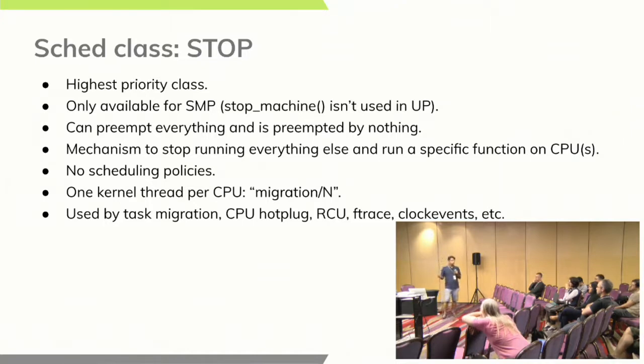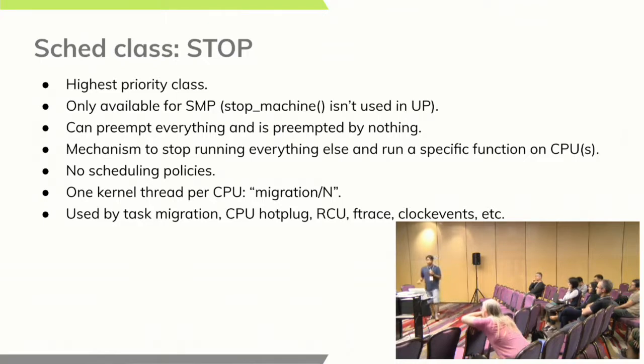There can be only one such thread for each CPU, and there is always one thread for such CPUs on an SMP system. The stop scheduling class is not available for UP systems because it is used to stop another CPU all the time. So whenever one CPU has to stop another CPU to run some maintenance routine, we use it. But if the system is not SMP, we don't need to stop any other CPU.